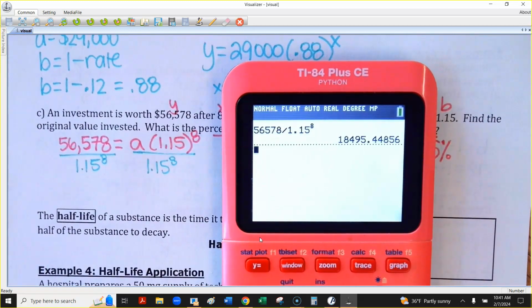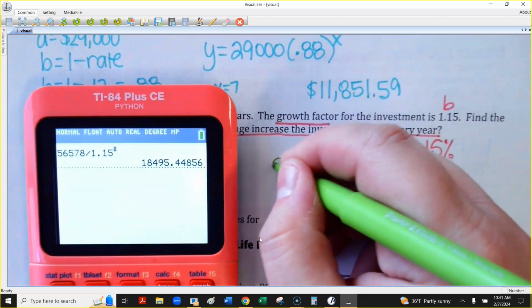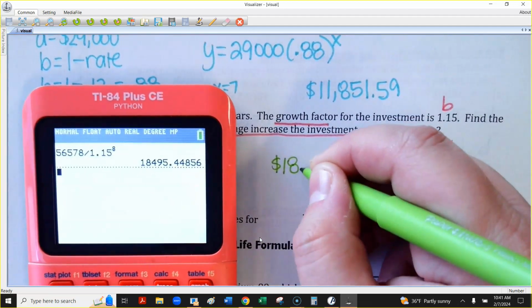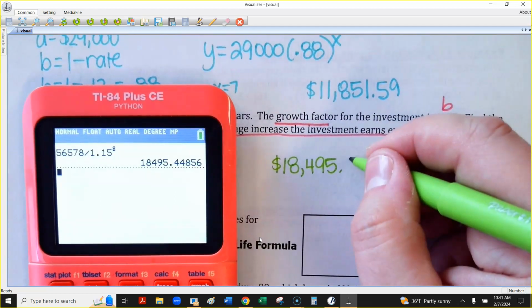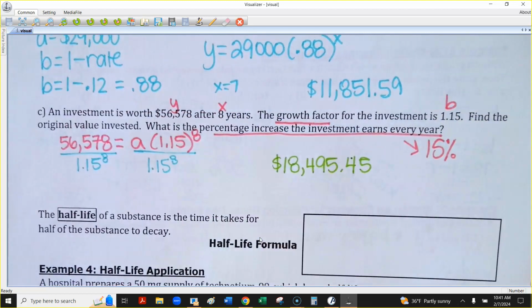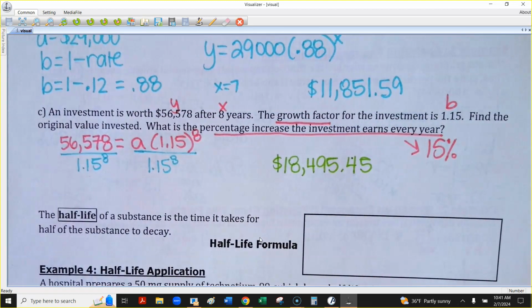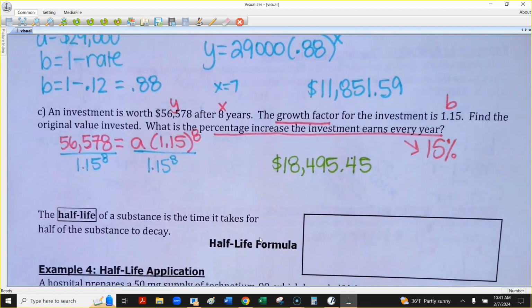So that makes sense. So this is going to be my original investment, what I just have on my calculator screen here. And then it's increasing 15% every year, which is a super good interest rate. So we're going to do money here, so we've got $18,495.45 would have been the original investment. And then in 8 years, that's a lot of an increase.